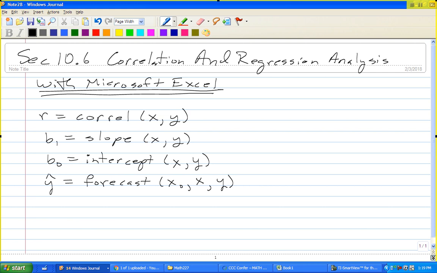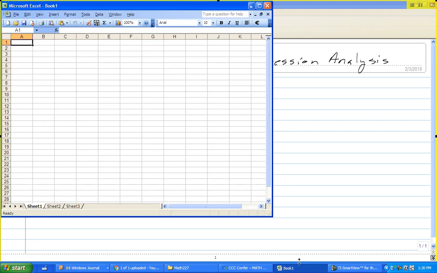Let's put in some numbers here: 1, 3, 5, 2, 7, 12, and let's do 13. So it won't be exactly a line. The ones I had before would have given you exactly a line.